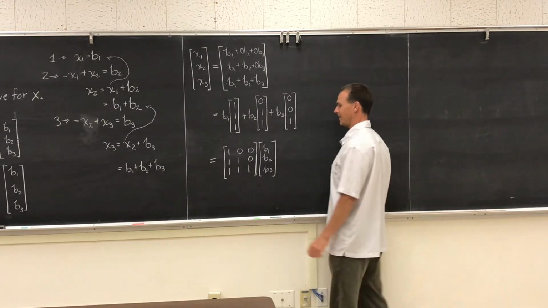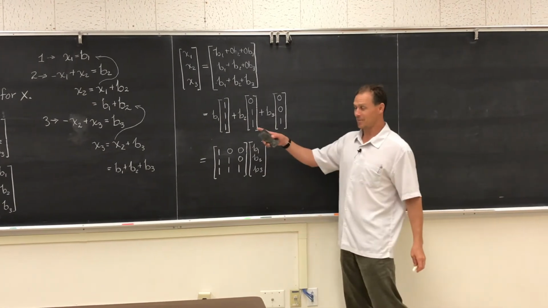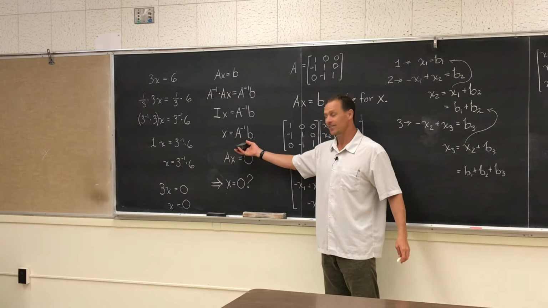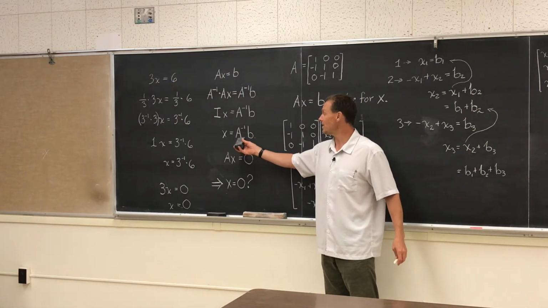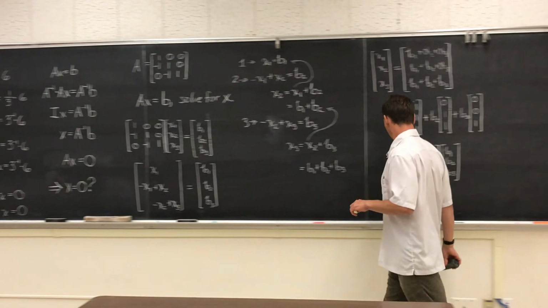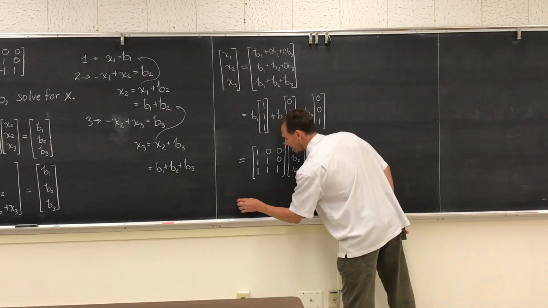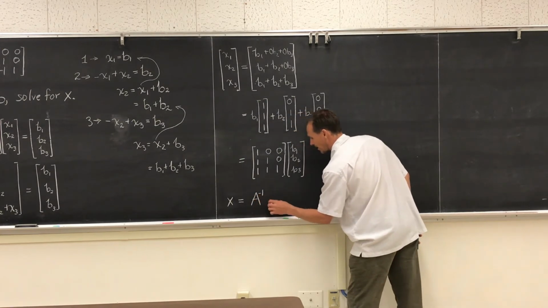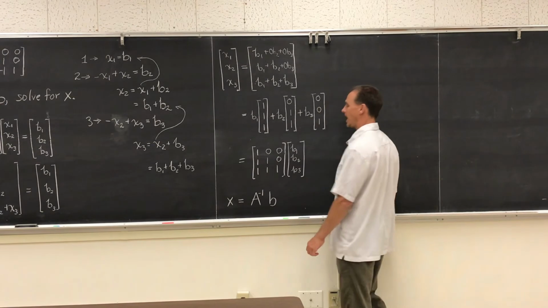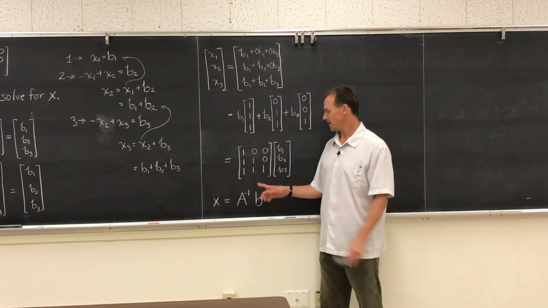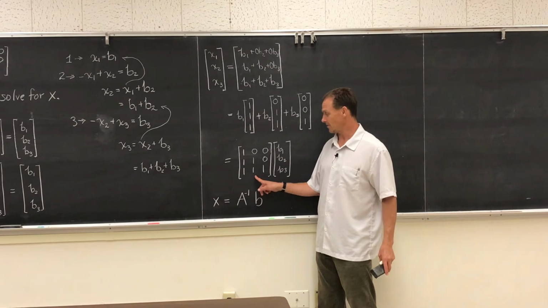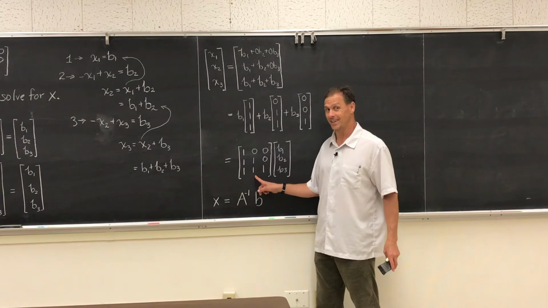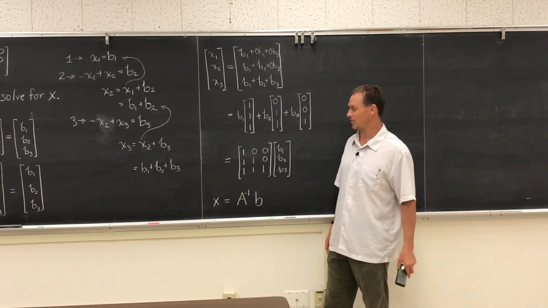Now, what did we just find? Let me take you back here. We just found X equals A inverse B. That's what this is. This is the vector X written as A inverse times B. And we're not going to do this, but I suspect that if you take this A inverse and multiply it by the matrix A, you should get the identity matrix, and we'll discover that soon enough.